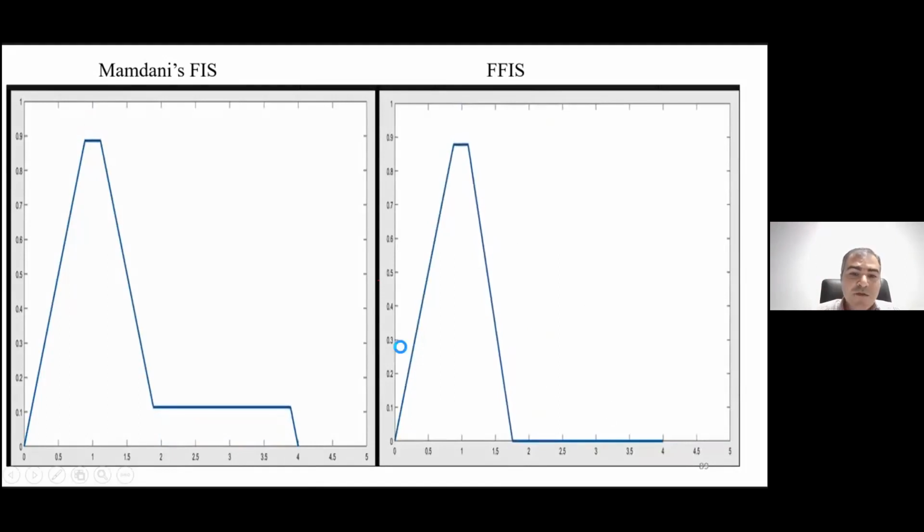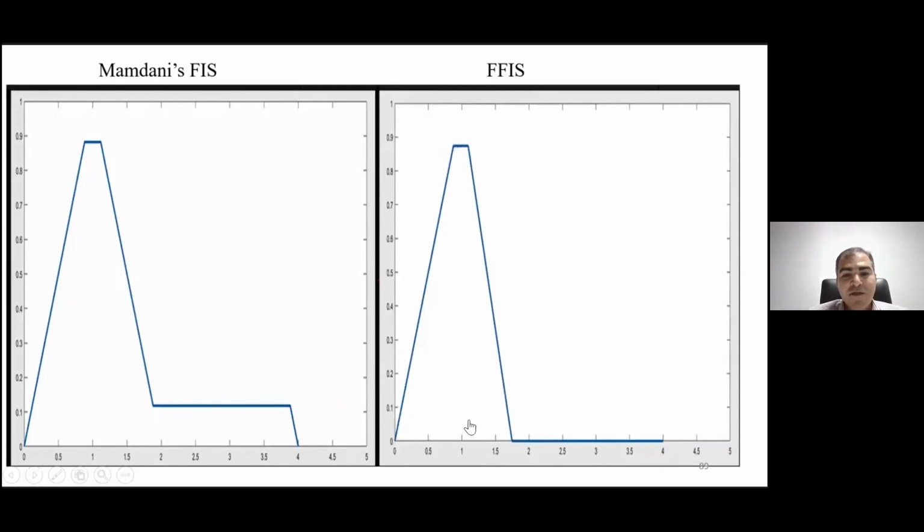So as you see, for example, here the truth degree is 0.5, 0.1, and a huge volume of this membership function is cooperating in the consequent part in the inferred fuzzy set.